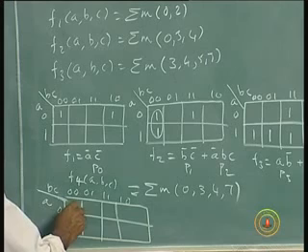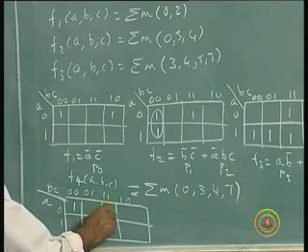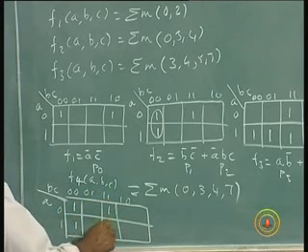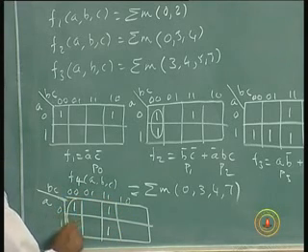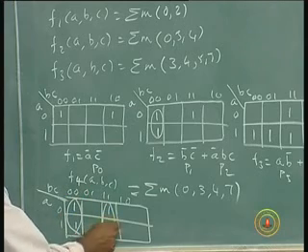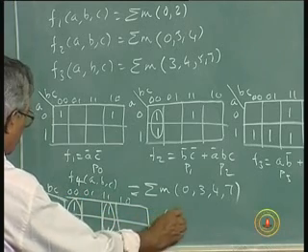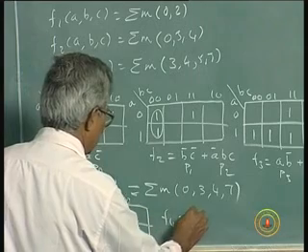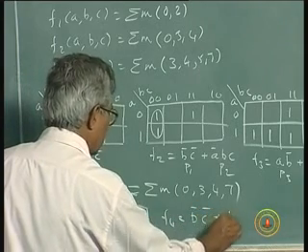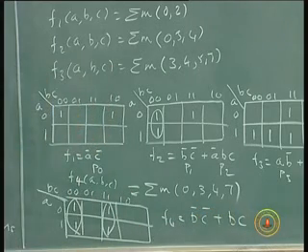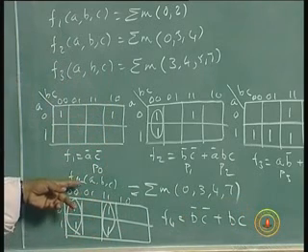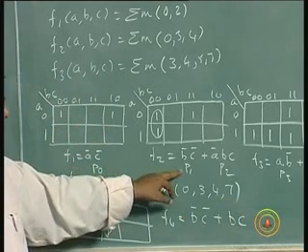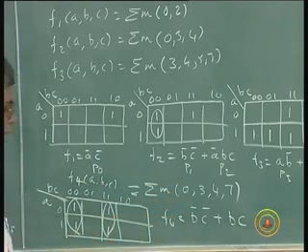This should be 0, 1, 2, 3, 4, 5, 6, 7. Now, what is this? F4 is B bar C bar or BC. Is that right? B bar C bar is already there, P1. BC is already there, P4. So it is the same as P1 plus P4.